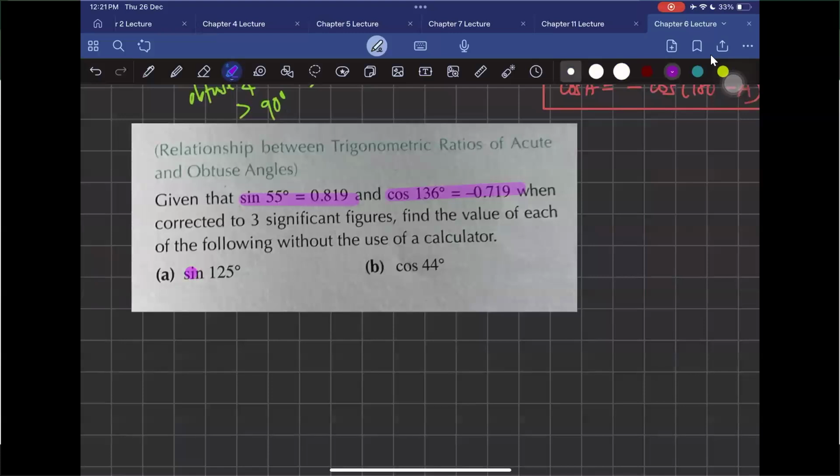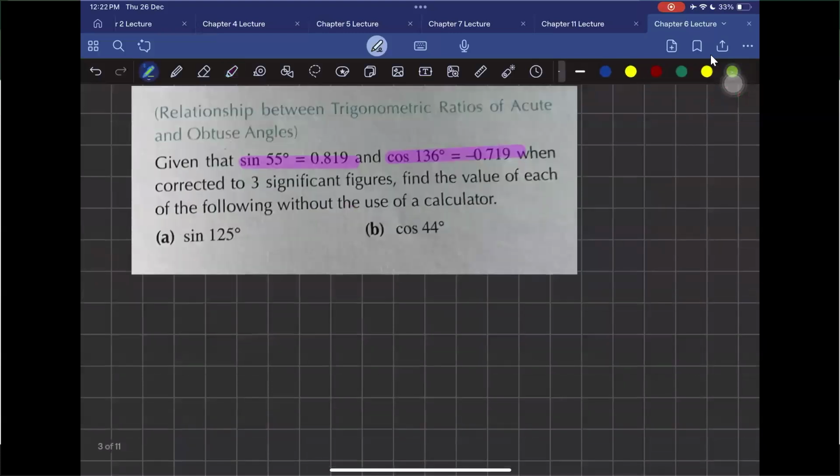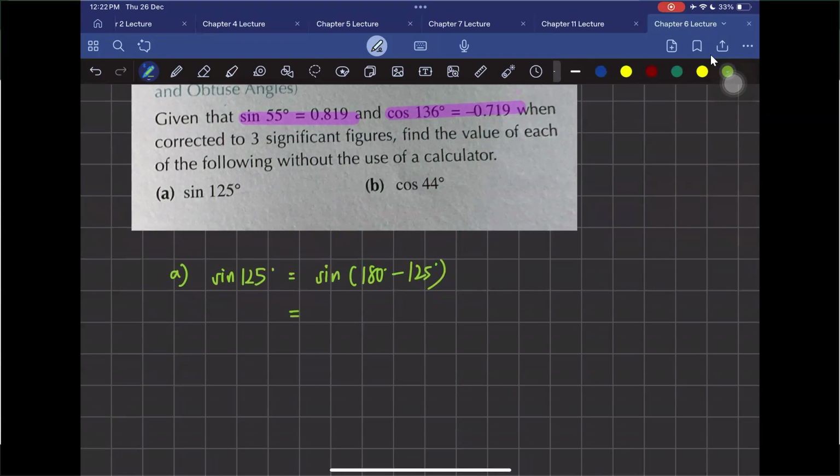Find the value of sine 125 and cos 44. So for your part A, sine 125 is basically sine 180 minus 125 degrees. And 180 minus 125 is actually sine 55.